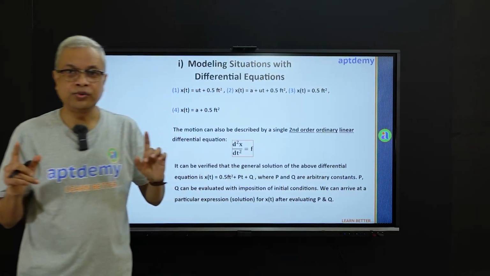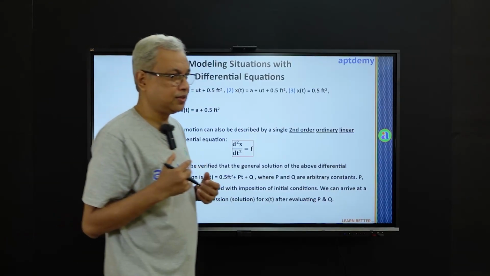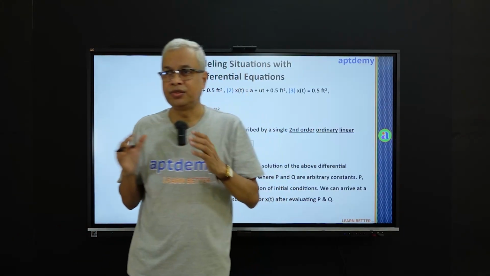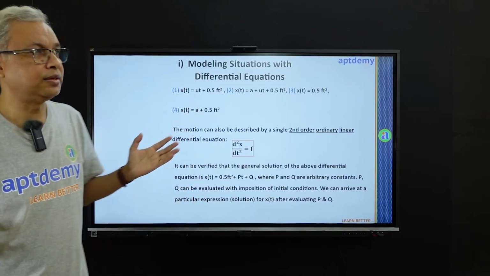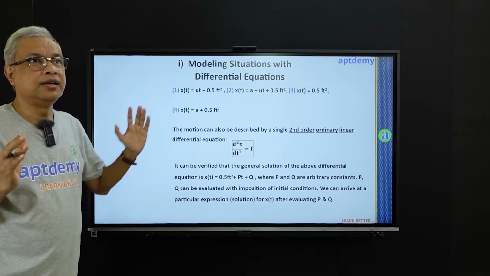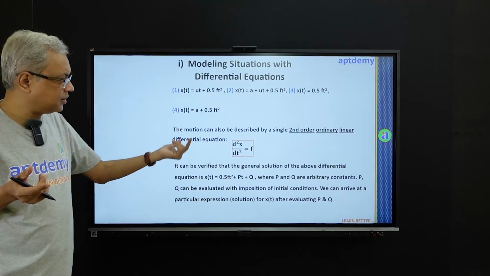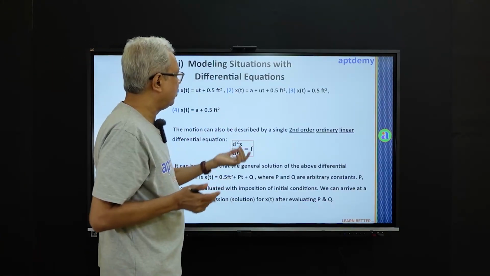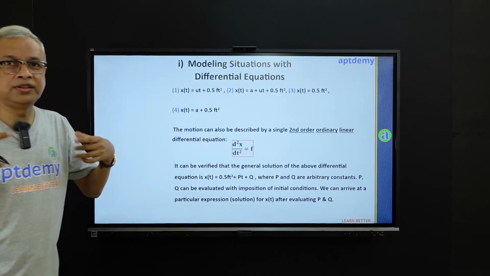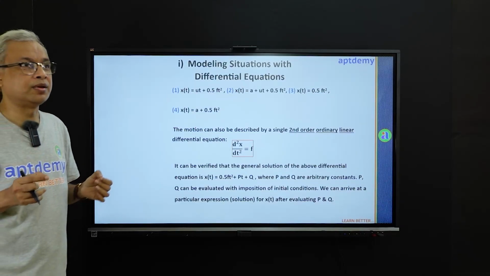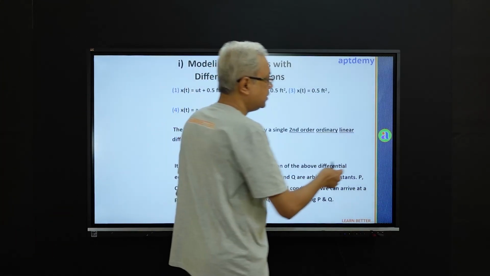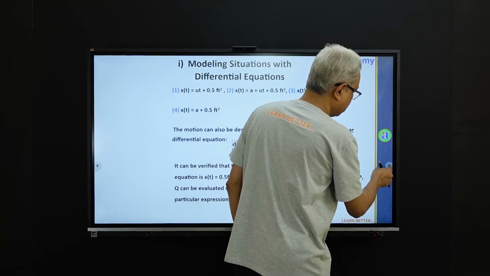So what we are trying to emphasize is that some physical systems and geometrical problems may be represented by several algebraic equations, but by a single differential equation, all these situations can be described by imposition of proper initial conditions, physical conditions you can say.